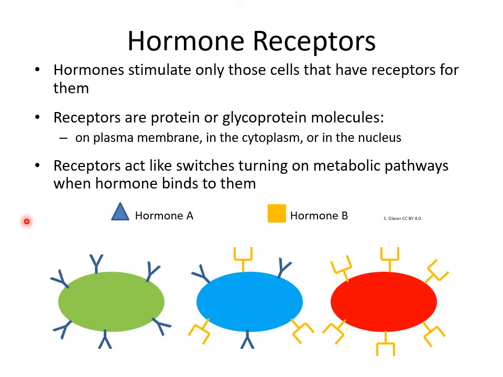If a person is only producing hormone A, this green cell will respond, the blue cell will respond, but the red one will not.